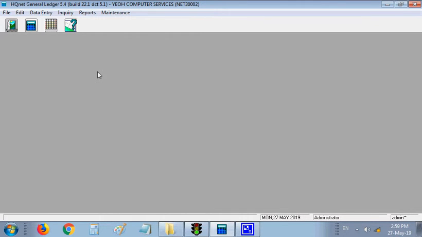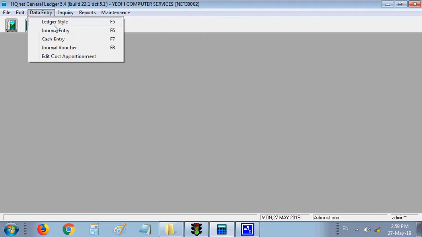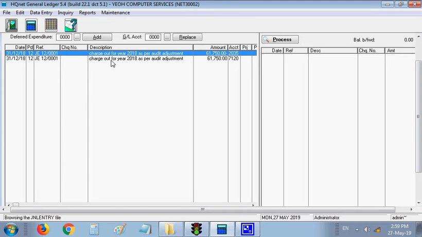Now method 2 is also a manual charge out, similar to method 1. So at the end of the year, if you want to do a charge out, you must go to the ledger style entry.